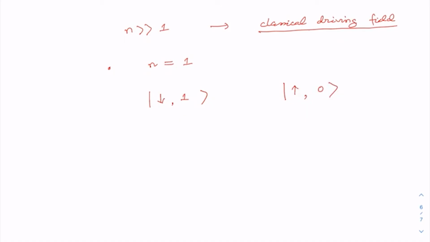These would be the eigenstates, and therefore the oscillations will occur between this state and this state, where this state is interesting because there is no photon in the field mode, and that is the so-called vacuum. And when n is equal to 1, the Rabi oscillation is basically taking place between the one photon state of the field and the vacuum state of the field. So that's why this oscillation for the n equal to 1 case is known as vacuum Rabi oscillations.